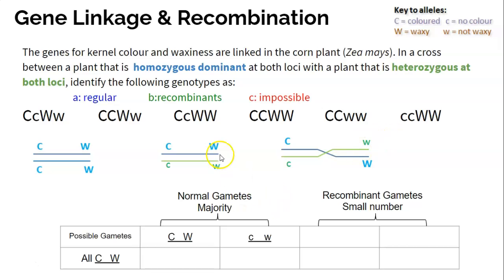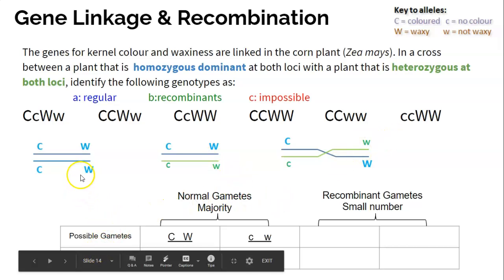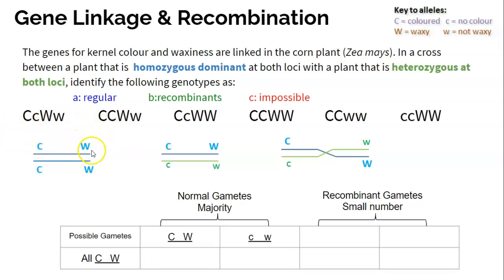So our normal gametes, all of them are going to go with this capital C, capital W, because that's the only option for these ones. And then the normal gametes, the majority are going to have capital C, capital W, or lowercase c and lowercase w. However, we also have some recombinants where you have a capital C, lowercase w, and a lowercase c and a capital W. So these first ones that you see, homozygous dominant for C's and W's, that's a regular one.